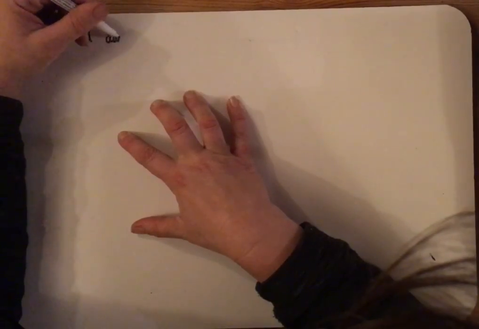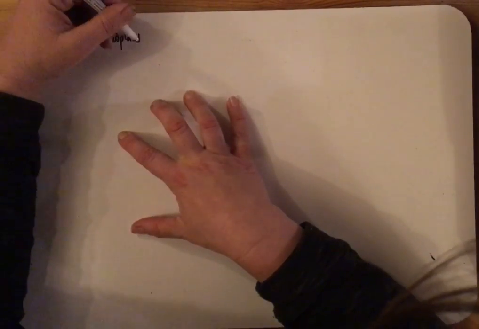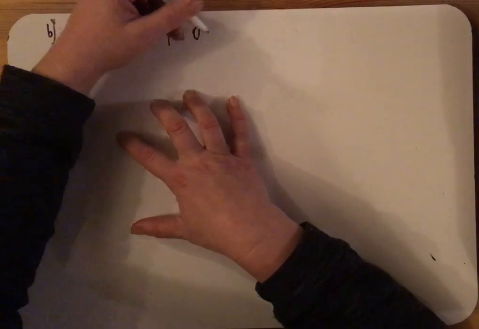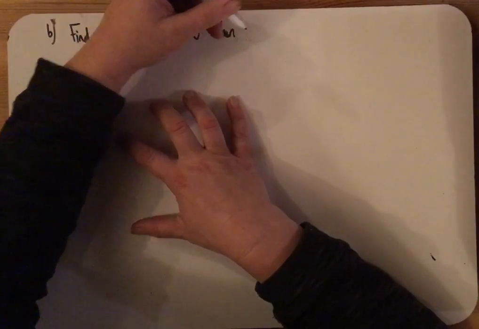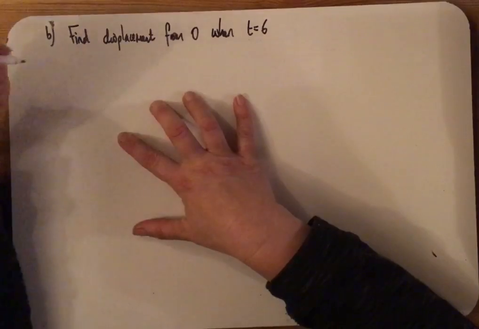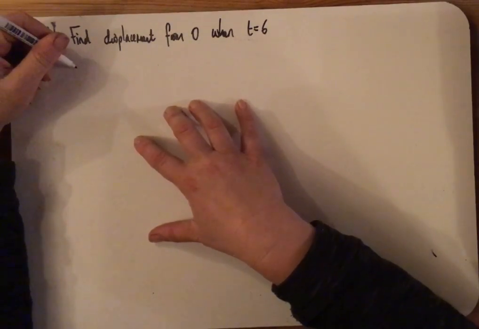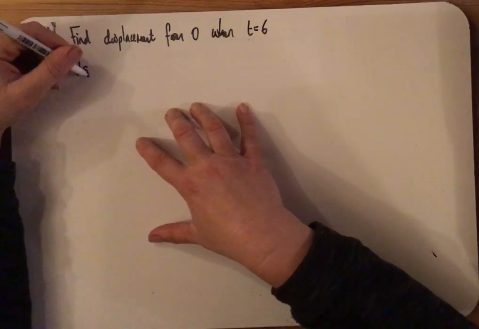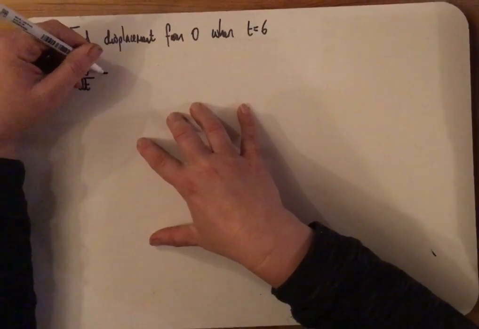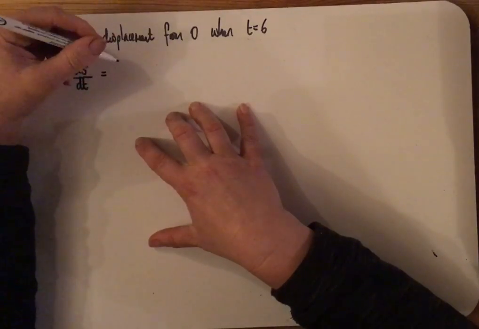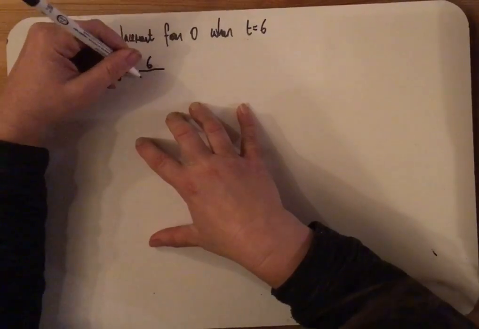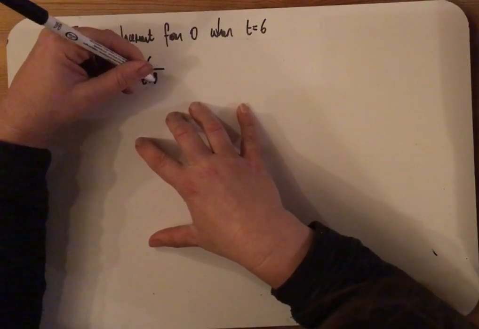So we know that if we differentiate the displacement, we get the velocity, which is going to be 3 minus 6 over (t plus 2).